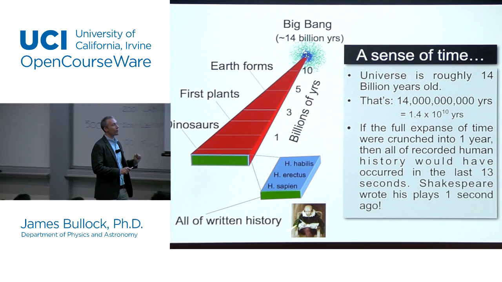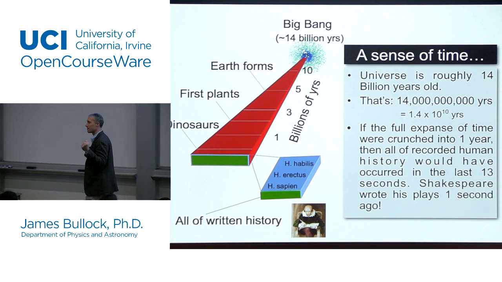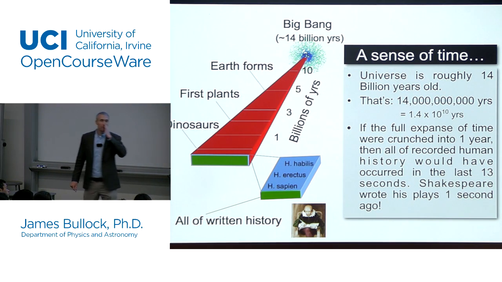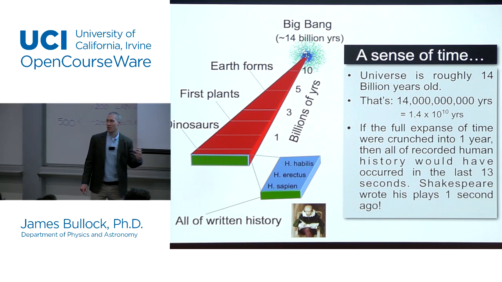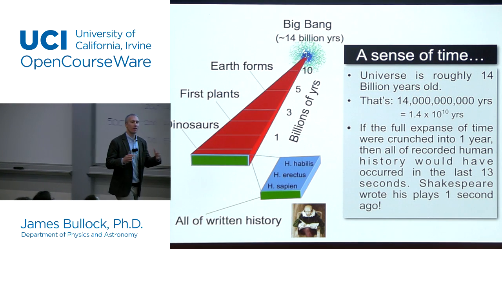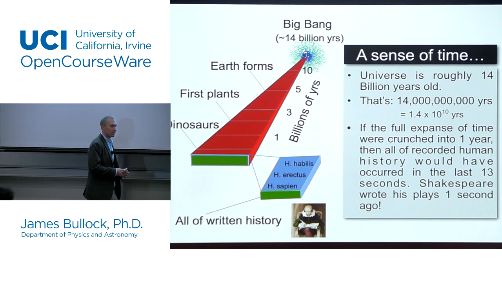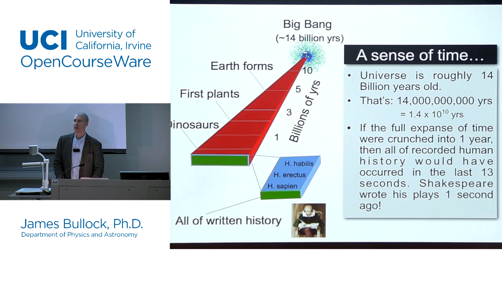Shakespeare would have been alive and writing his plays 1 second ago. Like that. So in that sort of time frame, we're extremely, extremely young. And the universe has been around a very, very long time. Are there questions about that?